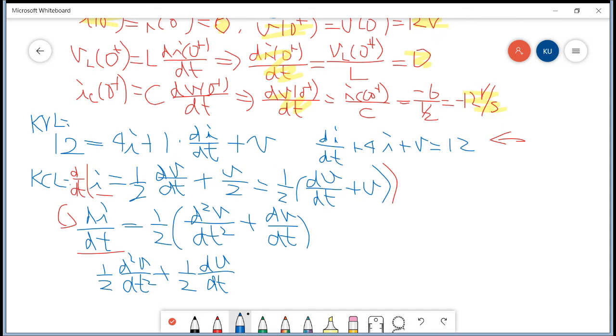So this is the first term, and then the second term 4i, so 2 times this one, so 2 dv dt plus 2v and plus v equals to 12.